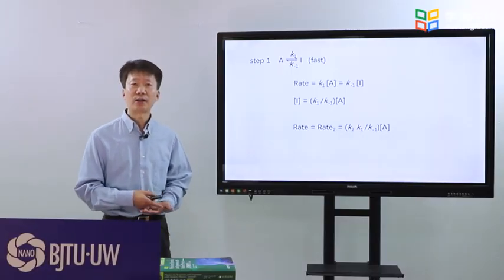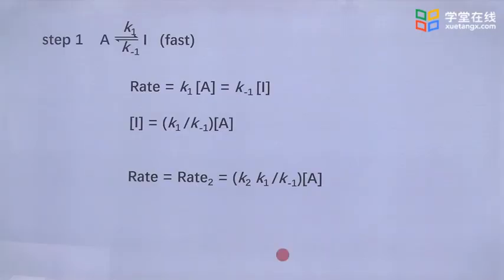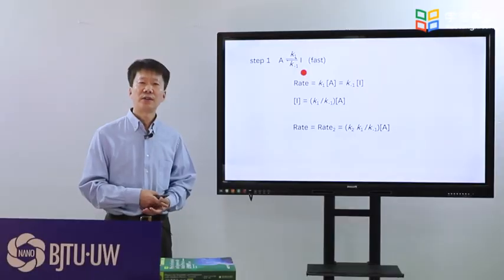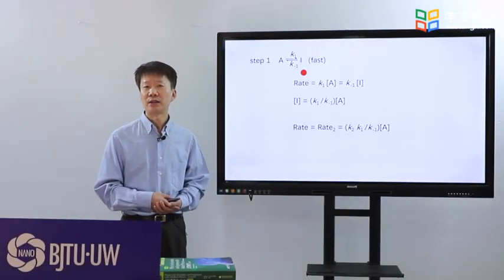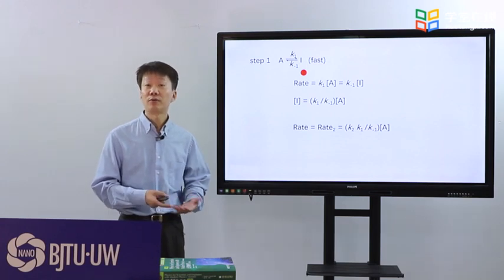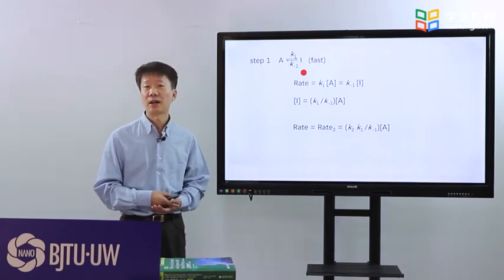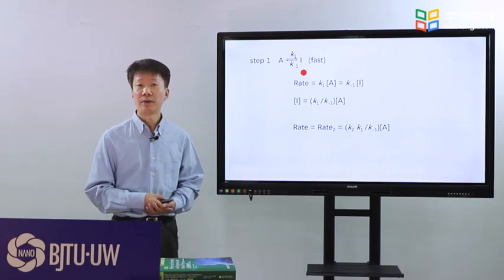Now, we check the reaction in step 1. We can write the rate law as rate equals K1 times A. This is the rate law for the forward reaction. We can also write the rate law for the reverse reaction, K minus 1 times concentration of I.